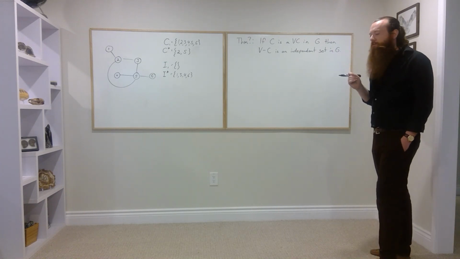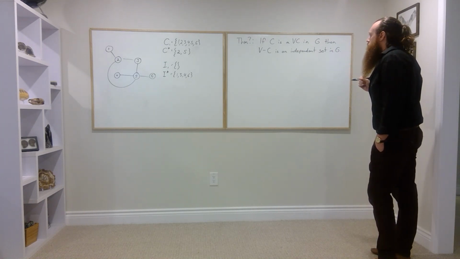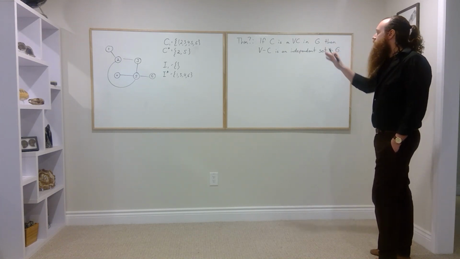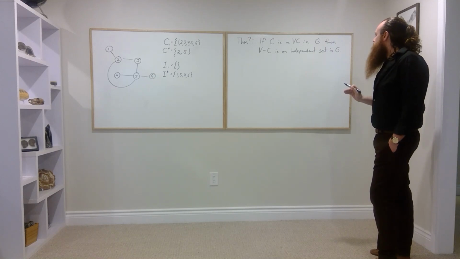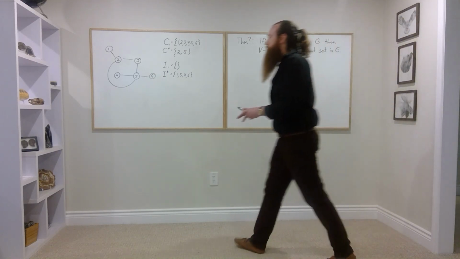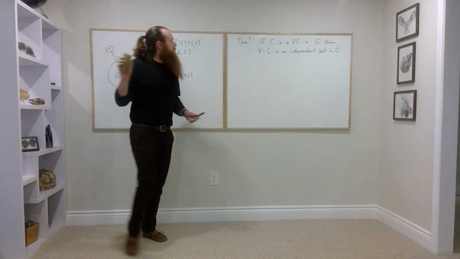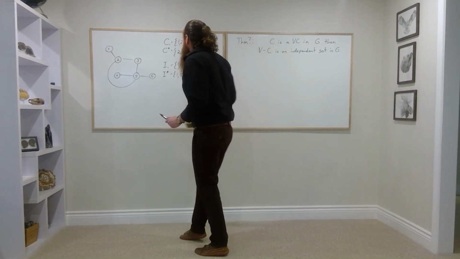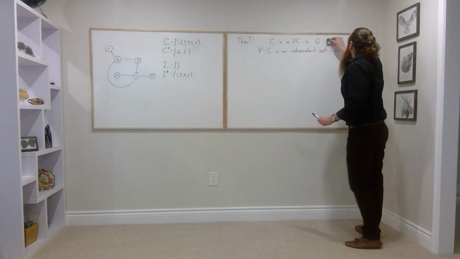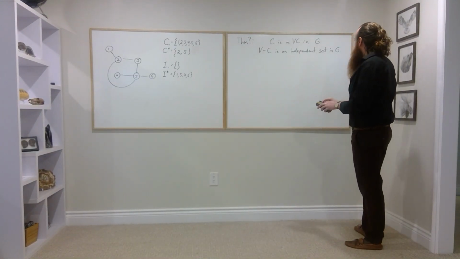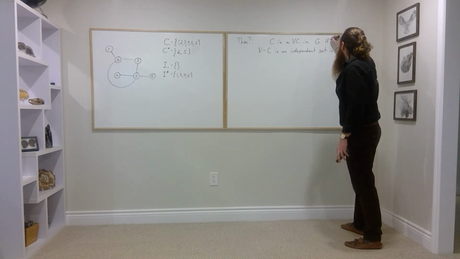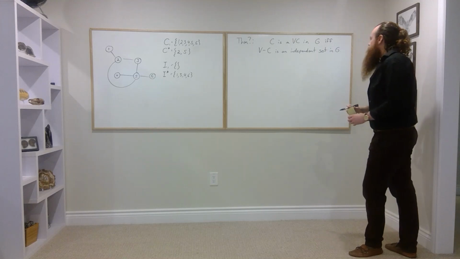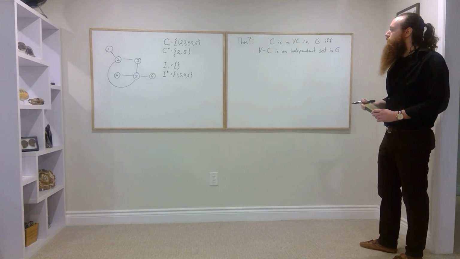That would be a pretty powerful result. And in fact, we can maybe even make this a little bit more powerful. So this is saying if C is a vertex cover in G, then V minus C is an independent set in G. I'm going to change this just a little bit here and say C is a vertex cover in G if and only if V minus C is an independent set in G. That's an even more powerful statement.